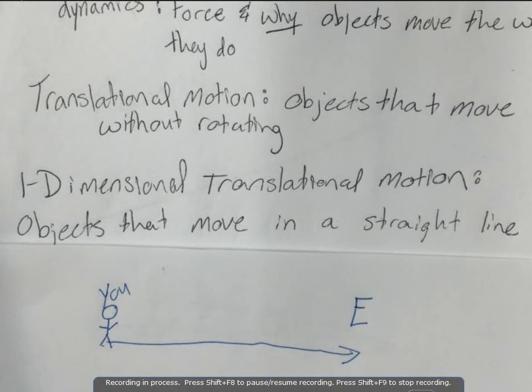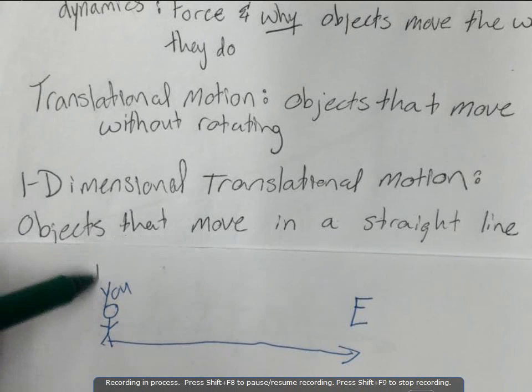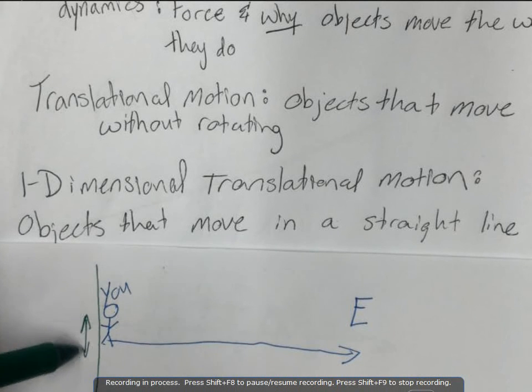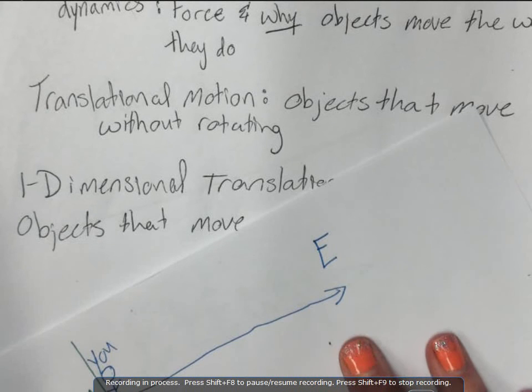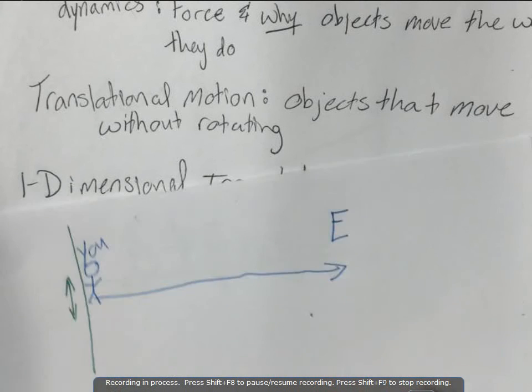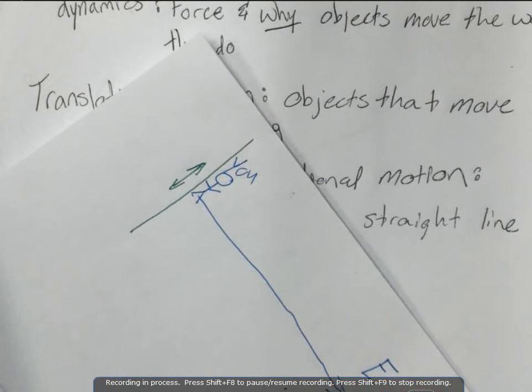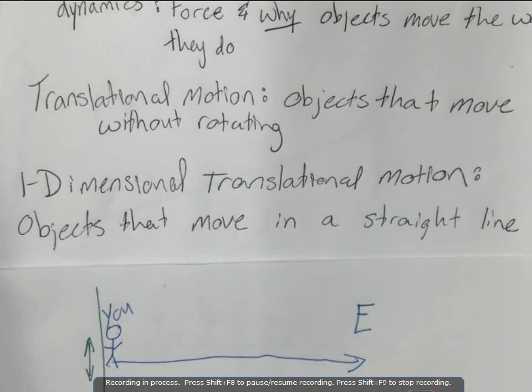Likewise, instead of moving along this pathway, you could climb up and down a rope, and that would still be 1-dimensional motion. It could be up a hill, still only traveling in 1 direction. It could be down a diagonal, still only 1 direction. So as long as the situation only asks us to consider 1 dimension, 1 line, it's 1-dimensional motion.